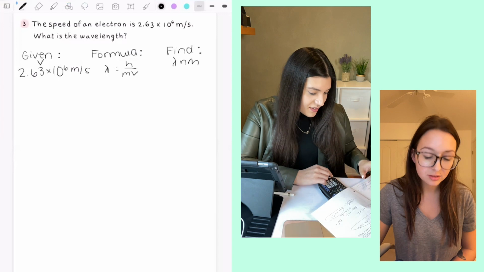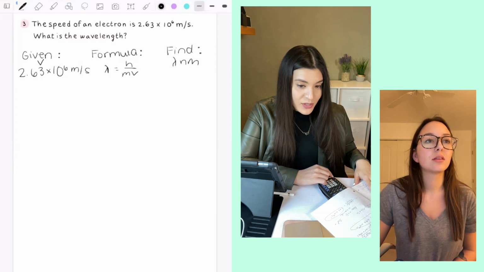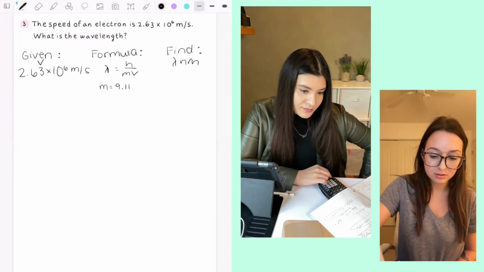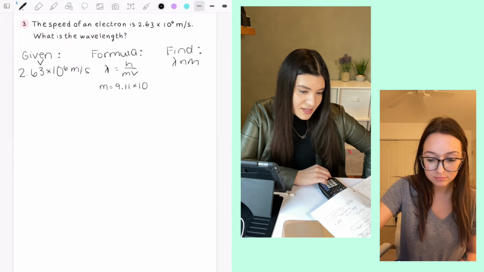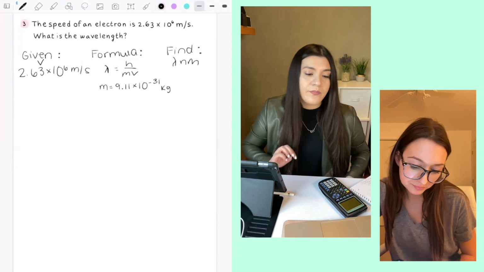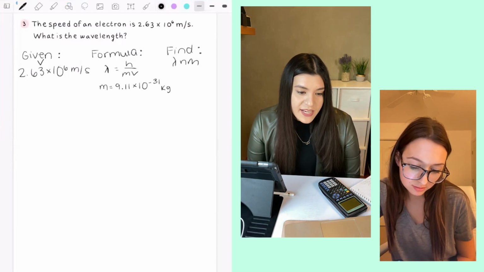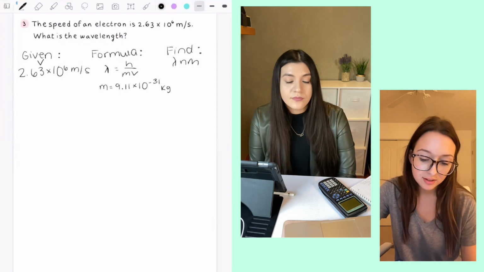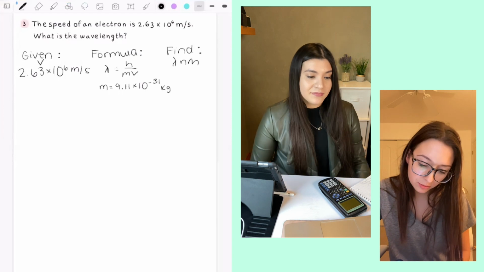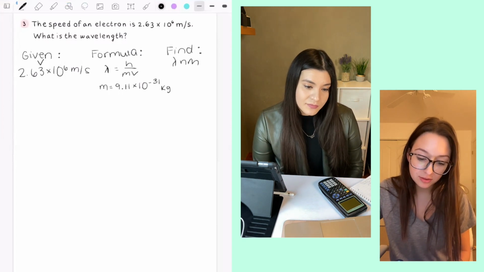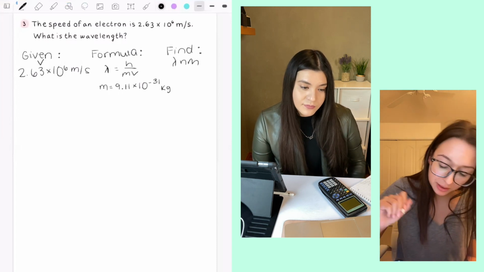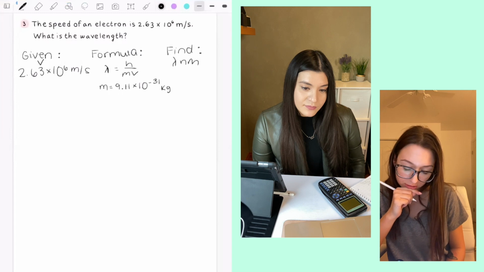So m is equal to 9.11 times 10 to the negative 31st kilograms. And then we also know what h is. So it's already in the right form, so I don't have to rearrange the formula because we're looking for wavelength. Correct.